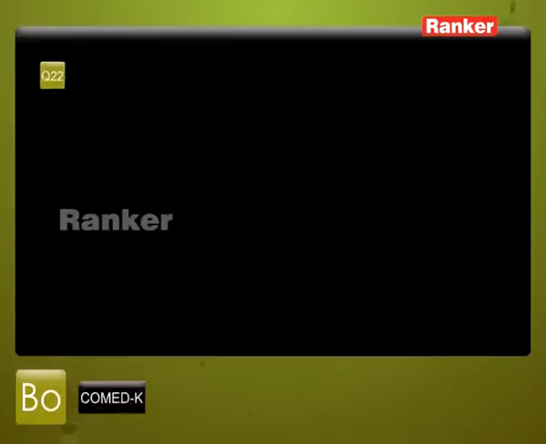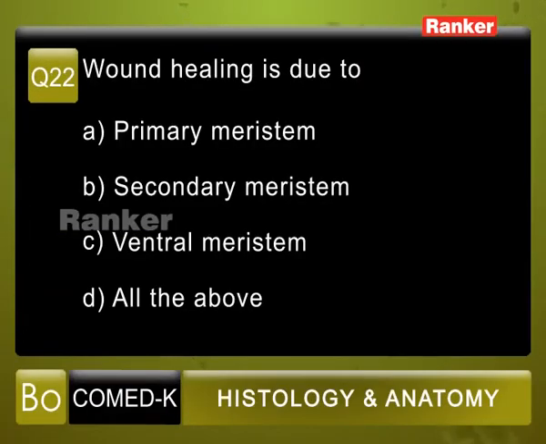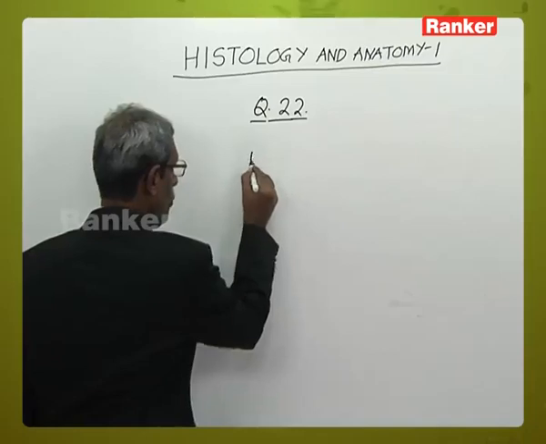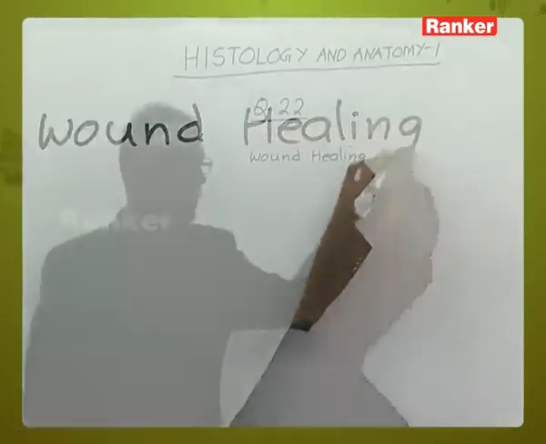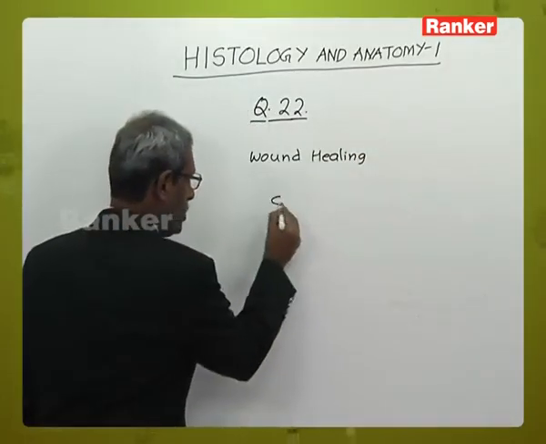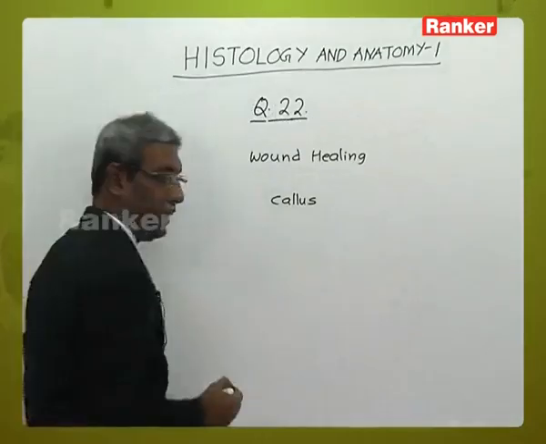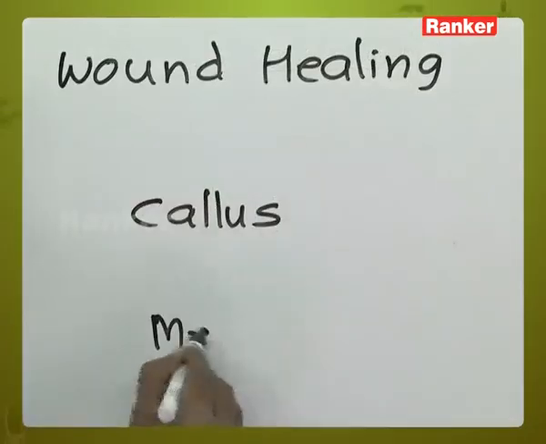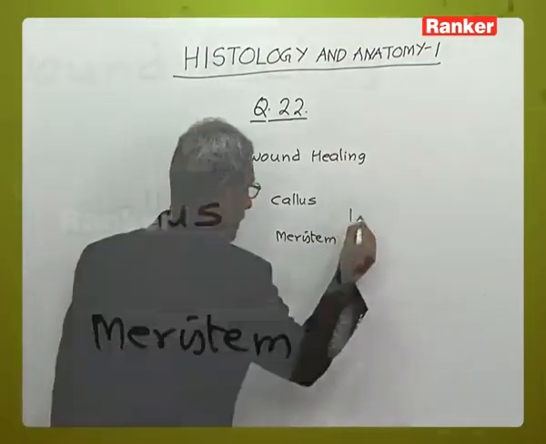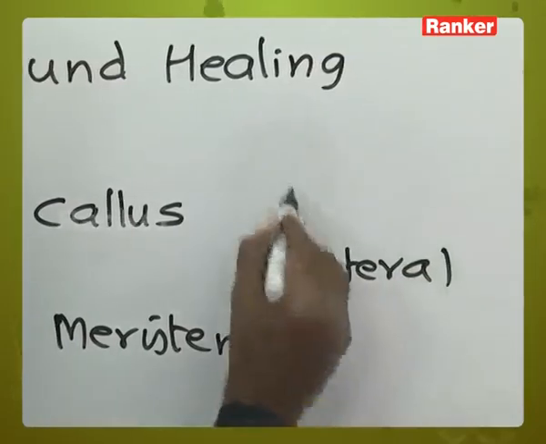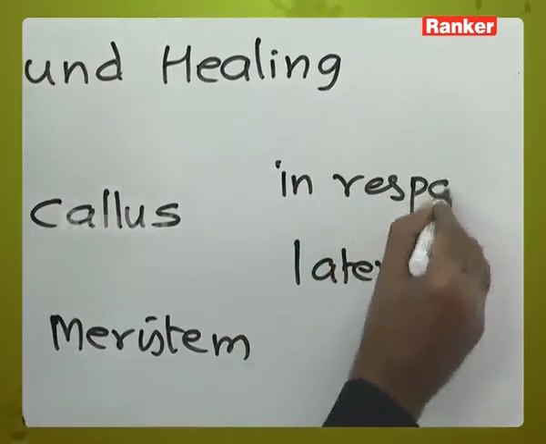Question number 22. Wound healing is due to A. Primary meristems, B. Secondary meristems, C. Ventral meristems, D. All the above. When you talk about wound healing, it is due to the formation of a callus tissue. A callus is derived from any particular meristem which is formed laterally in response to an injury.